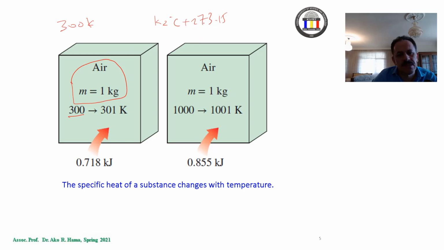When the Kelvin is equal to 0, it means Celsius equal to minus 273.15, which is the absolute zero. So the Kelvin is equal to 300.